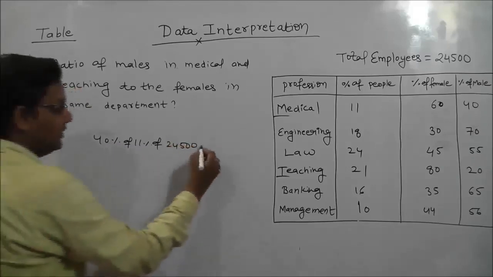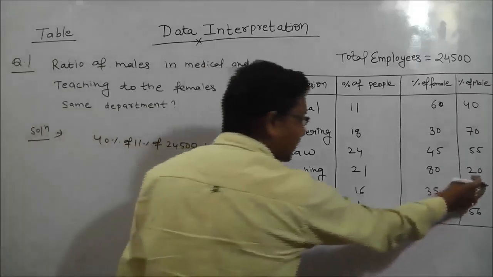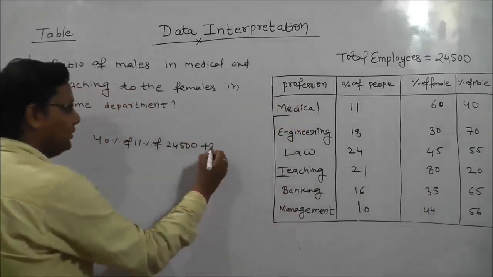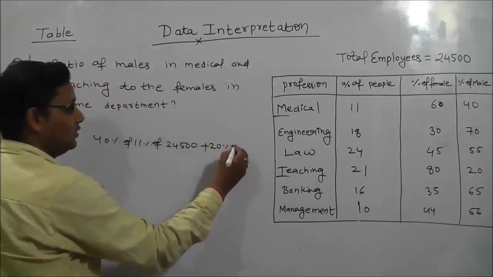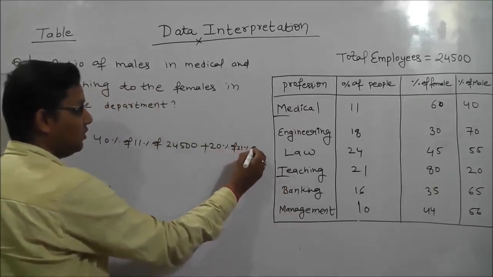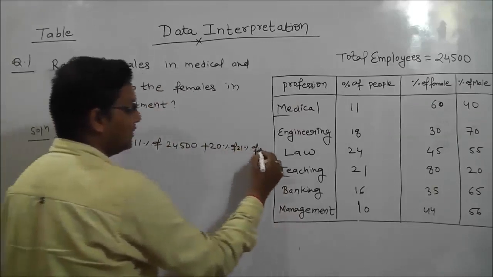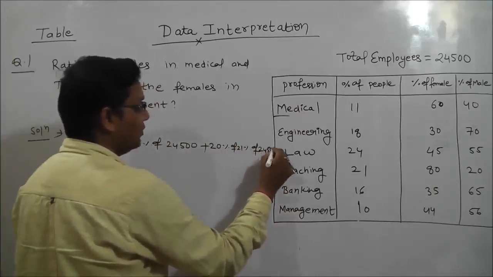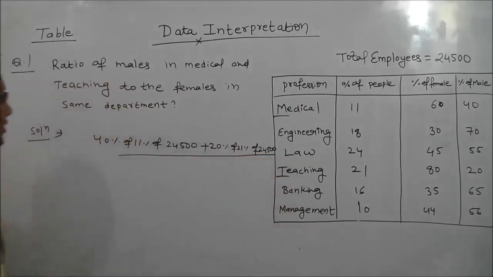Teaching department. Teaching department is how much? 20 and 21. So 20% of 21% of that same 24,500. Okay, so to the number of females in the same department.